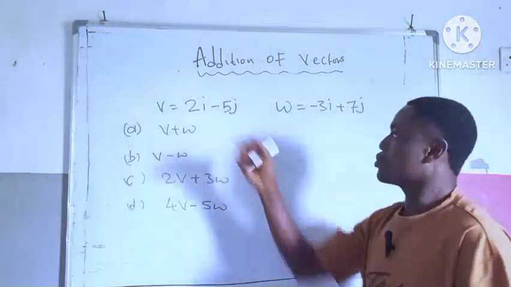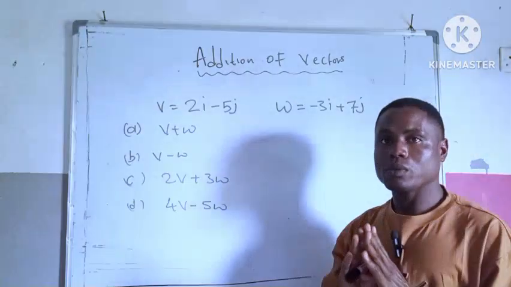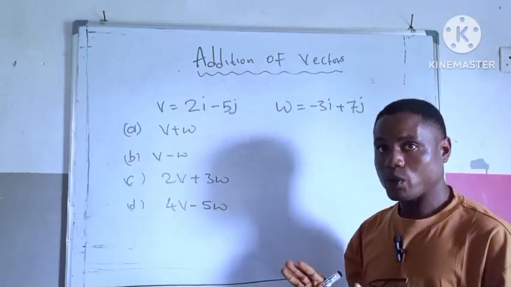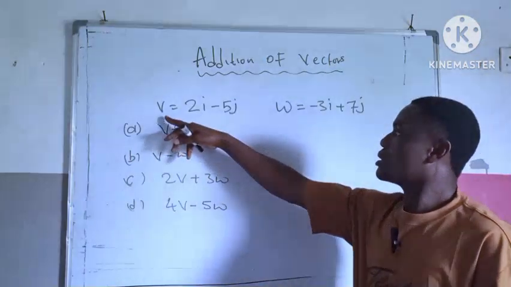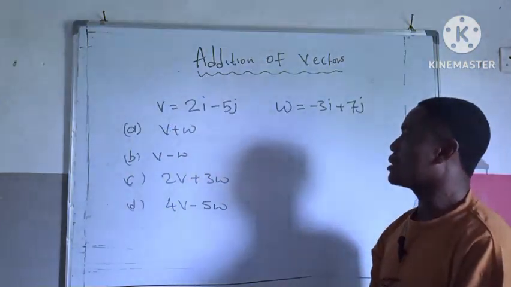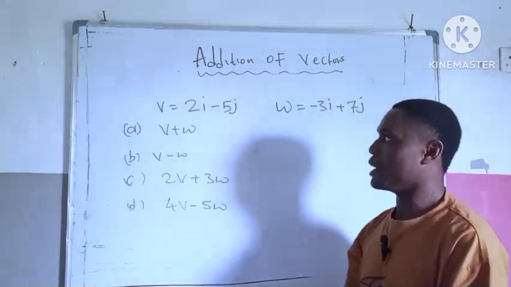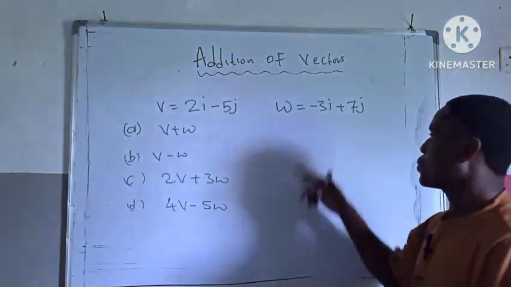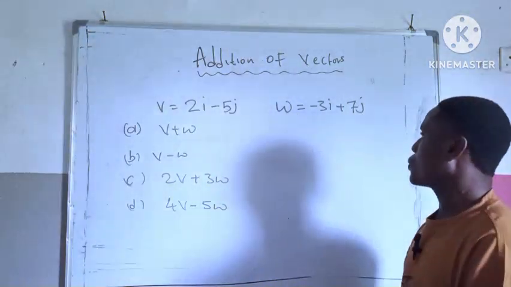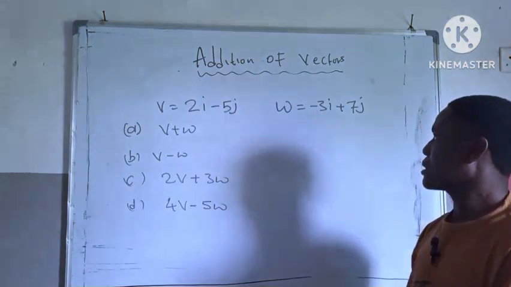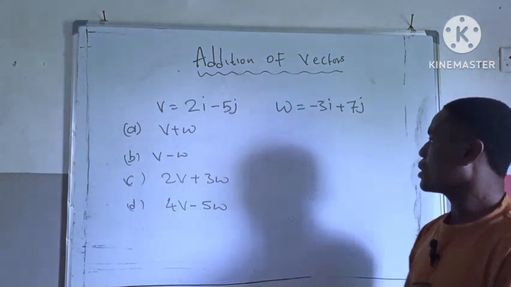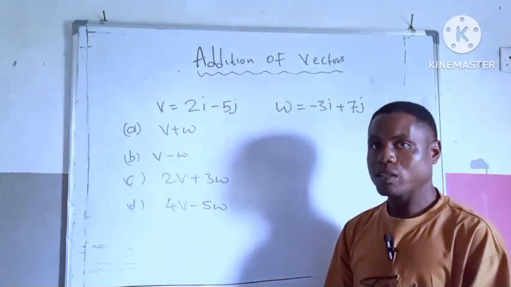Now we are given two vectors. This is how you will see the equations in the exam. We are given vector v equal to 2i minus 5j, and also w equal to minus 3i plus 7j.